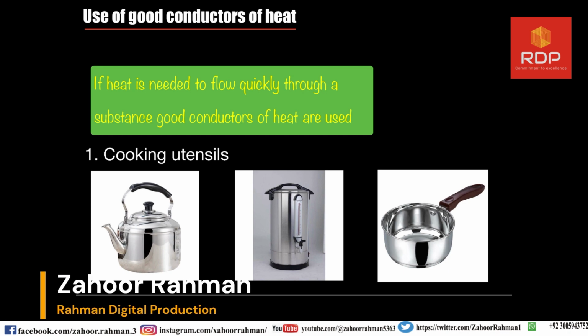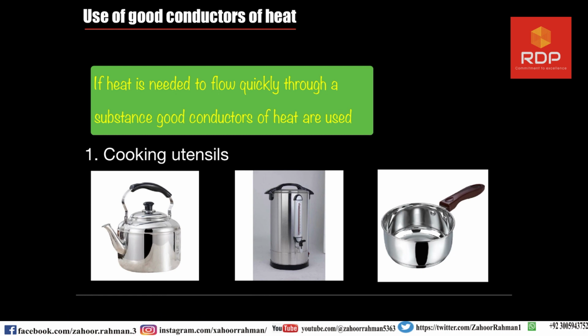Cooking utensils like kettles, saucepans, and boilers are usually made of aluminum or stainless steel where direct heating is involved, and that is in cooking. I have given you a few figures in which there is a boiler, a kettle, and a saucepan.